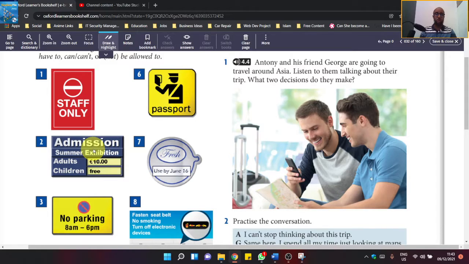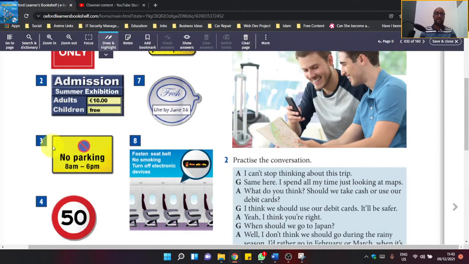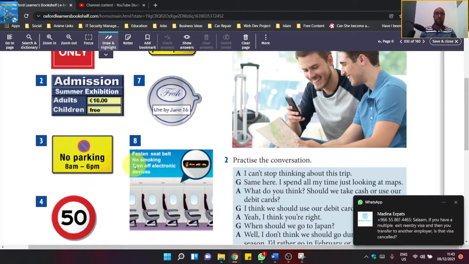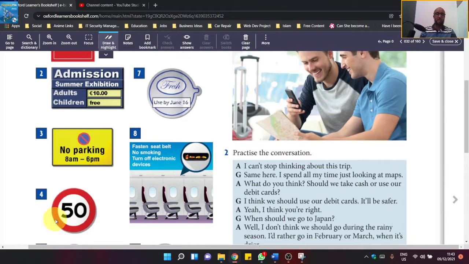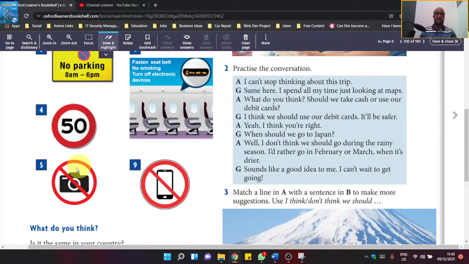We have a use by label. You will find this usually on food and drinks. We have a parking sign. We have a label for the airport, and we have a speed limit as well, right? And finally, a no camera sign and a no mobile sign.